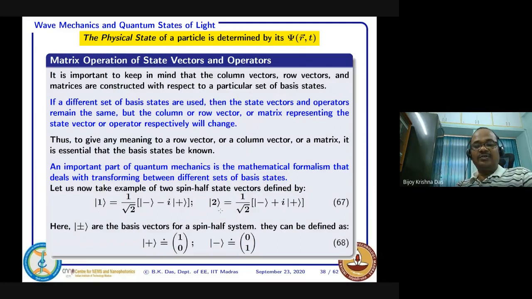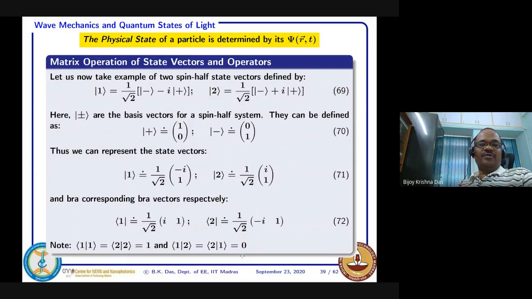Similarly, vector ket 2 also has two components. One is i by root 2 along the plus direction, and along the minus direction it will be 1 by root 2. These are the components, and you can consider them as unit vectors. So it is not like normal x, y, z, or even phi 1, phi 2, phi 3. It is not even space dependent. We are just defining it like this.